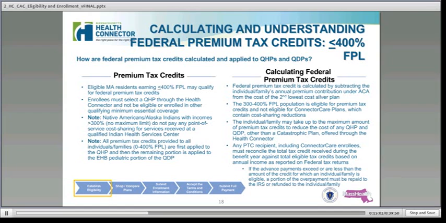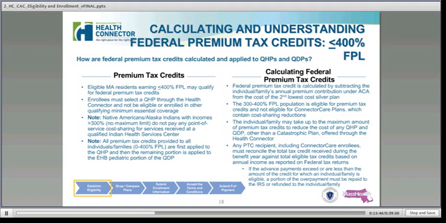We took John, who is single, 24, with an income of $22,980, and his FPL is 200%. So what we did is we break down what his premium tax credit is, what his connector care plan might cost. If John went a different route, what would that look like for him? And this is something that folks had asked, so you could spend a little bit more time figuring out how this could work in real life.